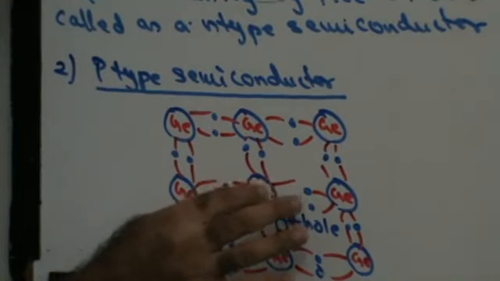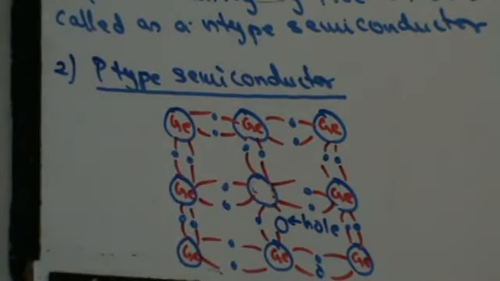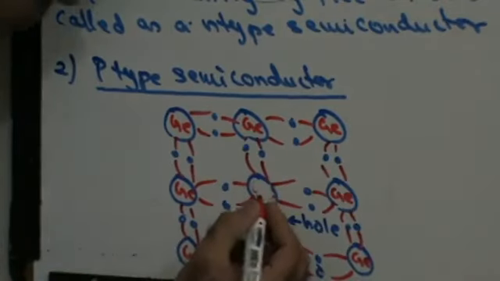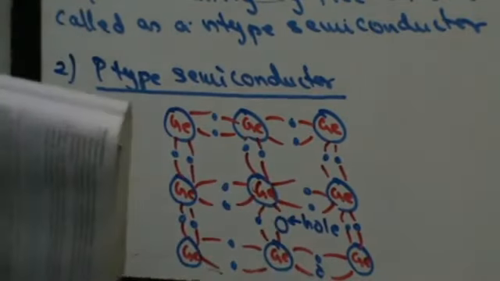Here we are going to add a trivalent impurity. The trivalent impurity that I am going to add is, say, gallium. Gallium is the trivalent impurity that I am going to add.